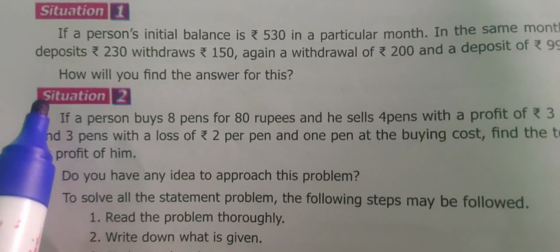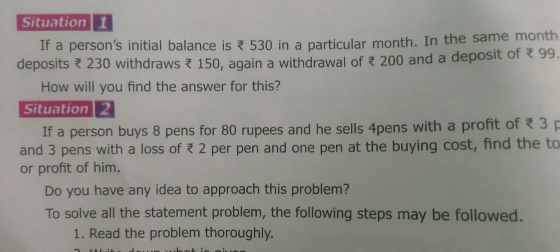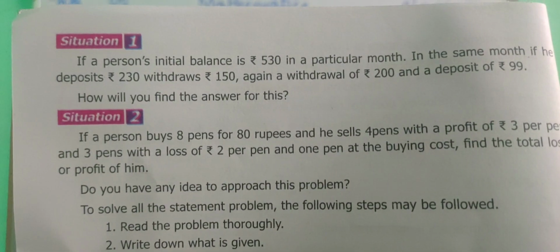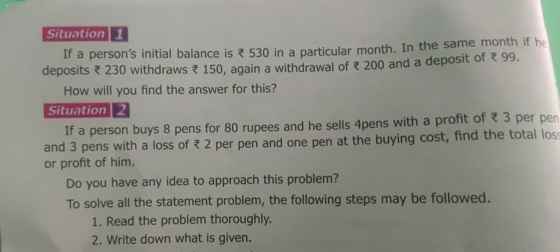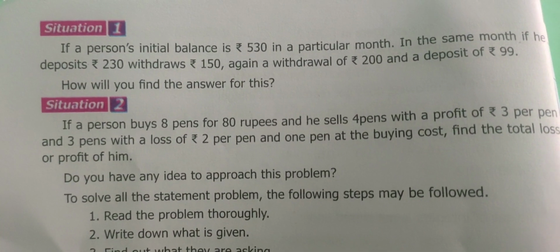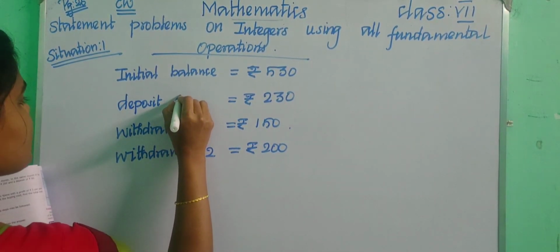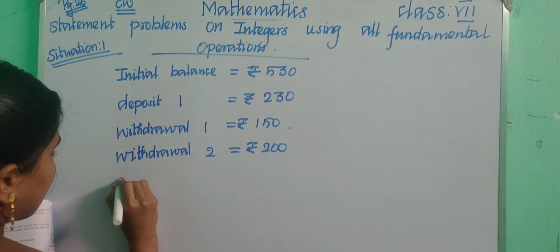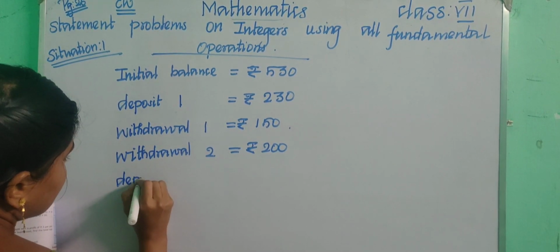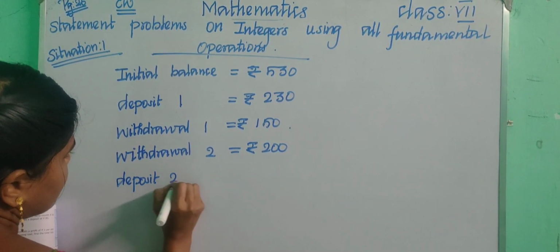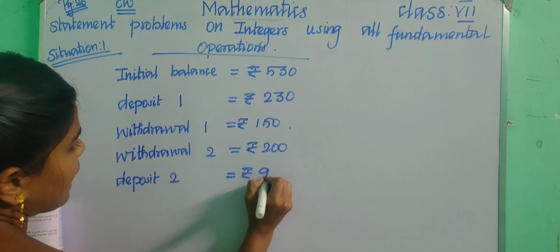So how will you find the answer for this? We are going to calculate the transaction. Again he is depositing, right? So we consider the first deposit as deposit 1 and the last deposit as deposit 2. Deposit 2 equal to rupees 99.